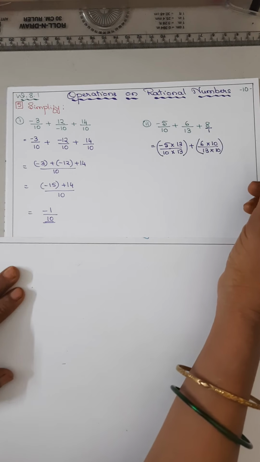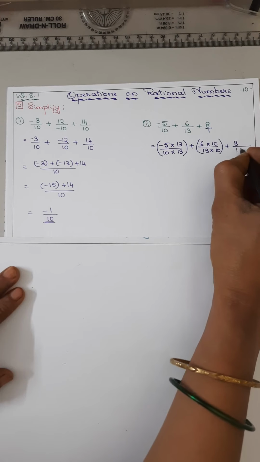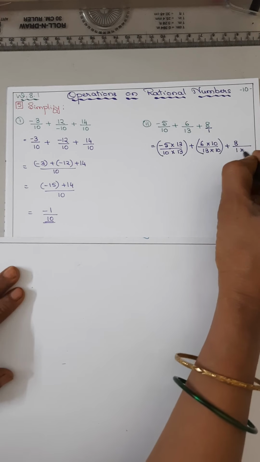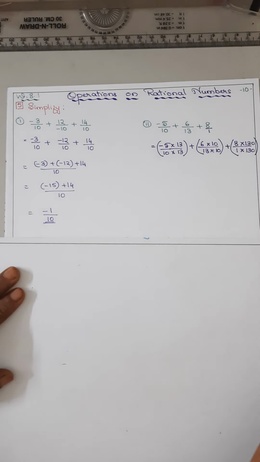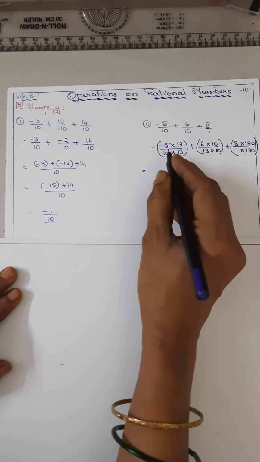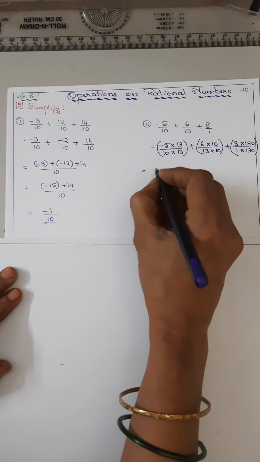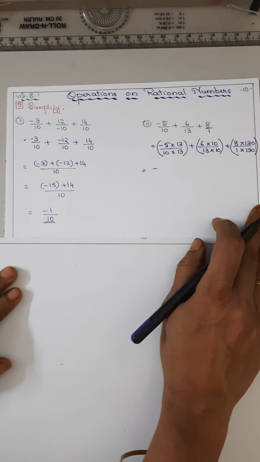Then (130 divided by 10) plus 8 upon 1, (130 divided by 1) directly into 130. Hope you are understanding this. Now it will be minus plus minus. When you multiply different signs, it is a negative.